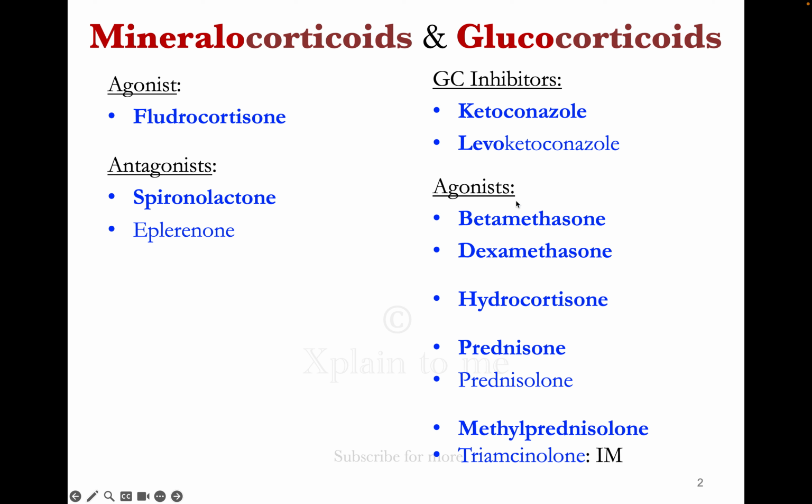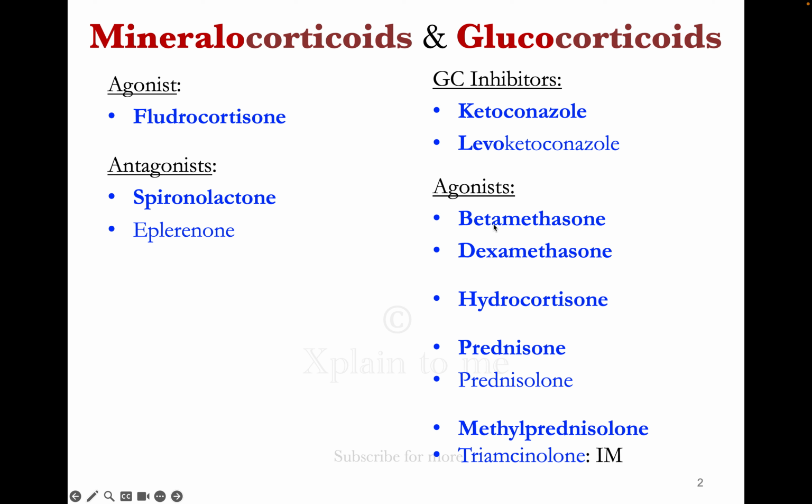Usually the other glucocorticoids have a lot of mineralocorticoid activity, but betamethasone and dexamethasone have negligible mineralocorticoid activity. That is a super important point to remember.